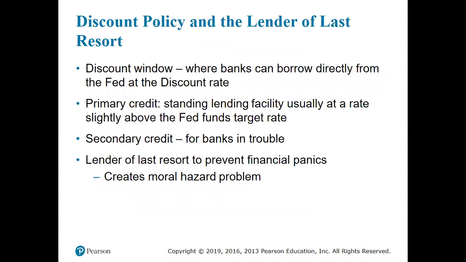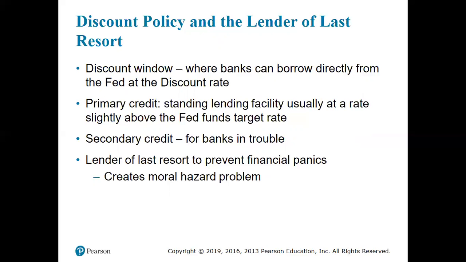And actually, before we get to talking about the stronger measures, I do have this slide on discount policy and the lender of last resort, recognizing that in addition to standard monetary policy, the Fed does have a policy of this discount window and making loans to banks where they can borrow directly at the discount rate.